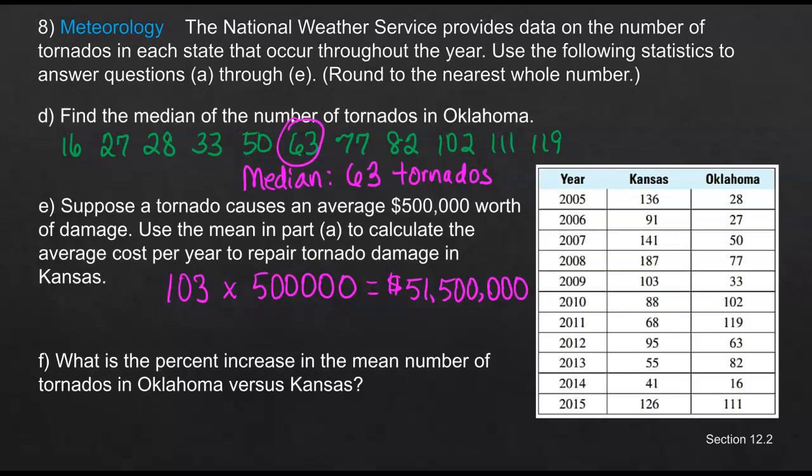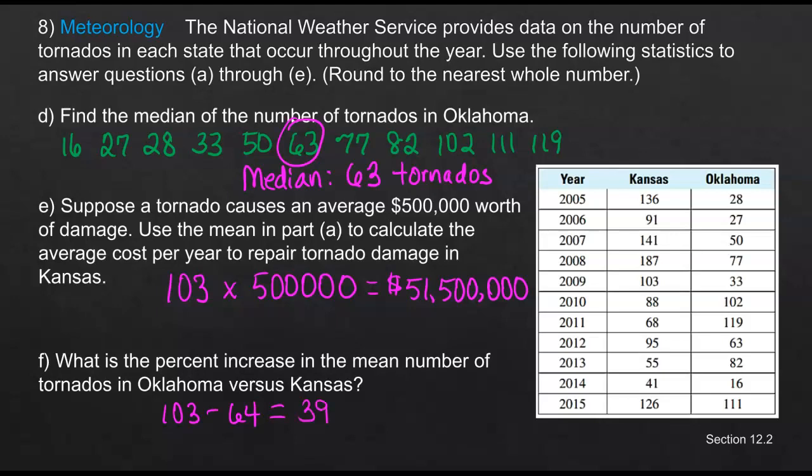And then in part F, what is the percent increase in the mean number of tornadoes in Oklahoma versus Kansas? So basically we're seeing what percent higher is Kansas than Oklahoma. Remember the average was 103 and 64, so the difference is 39.